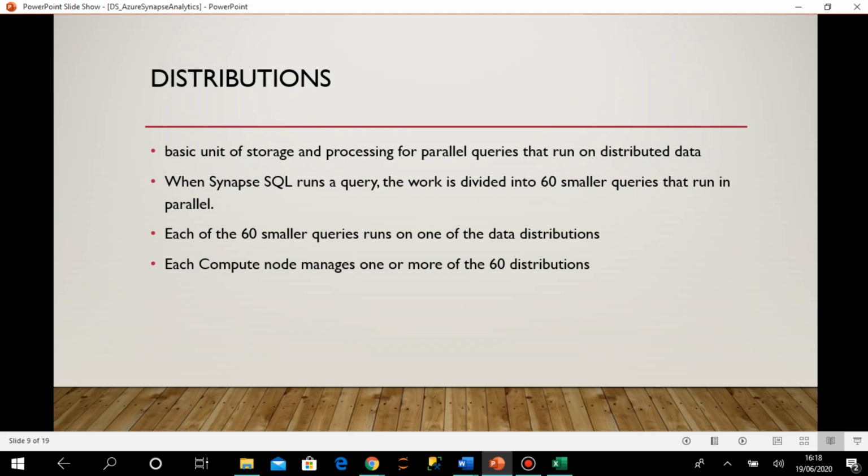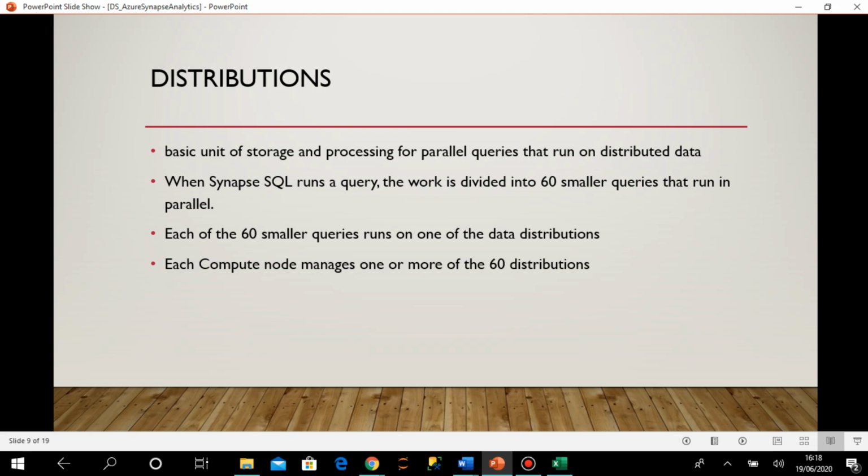How are you going to share? Here distribution is the unit. Maybe you can say, okay, I have a total of 10 distributions, so I am giving one to each of my friends, or maybe I can have 50 distributions, I am giving 5 to each. So distribution is the unit of work that I am distributing.